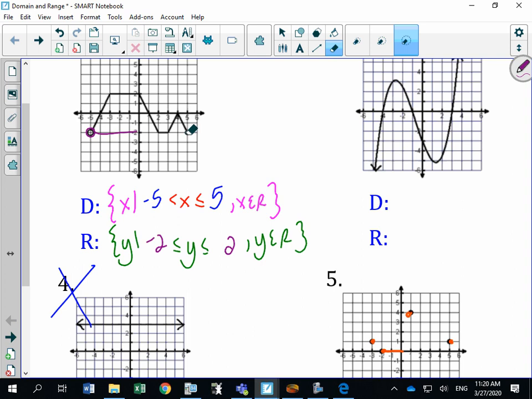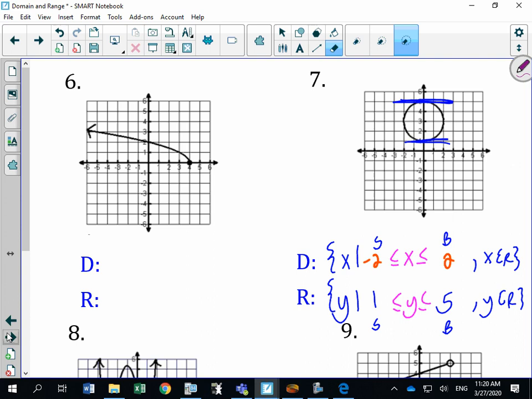However, if I go to this dot here, you have to ask yourself, does that actually touch -2? And this one does, right? It actually touches -2. So I will keep my equal to because my smallest y value is actually -2. On this side, it would be like -1.9, but on this side, it's -2. So my range would just stay as is.